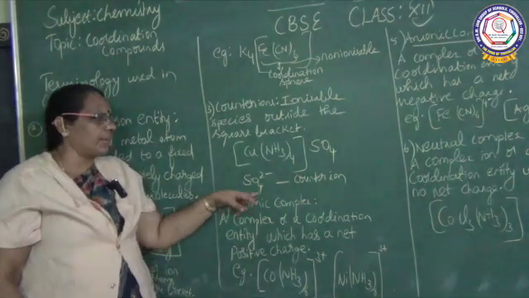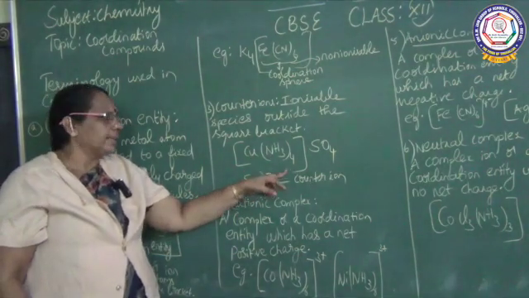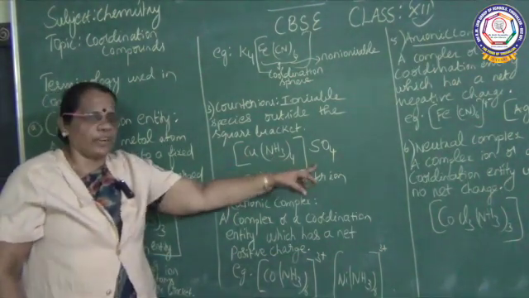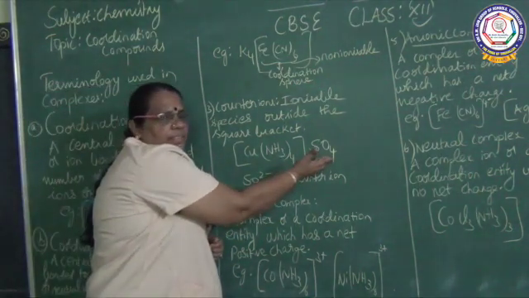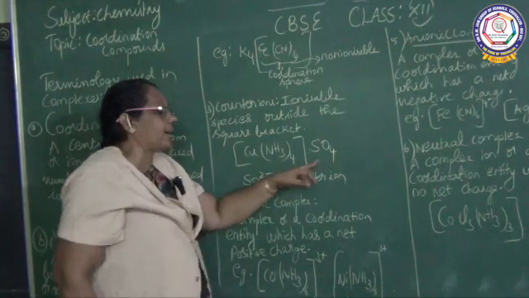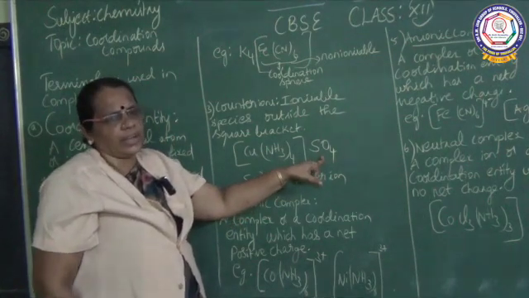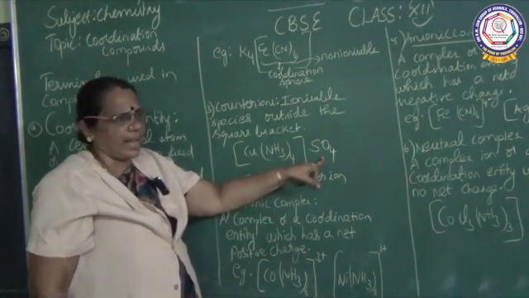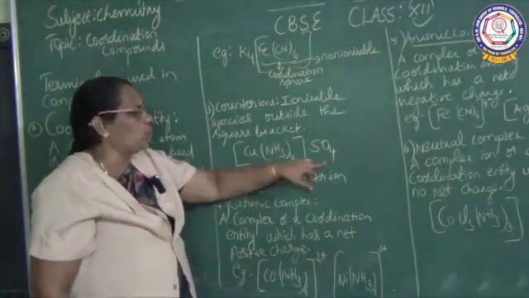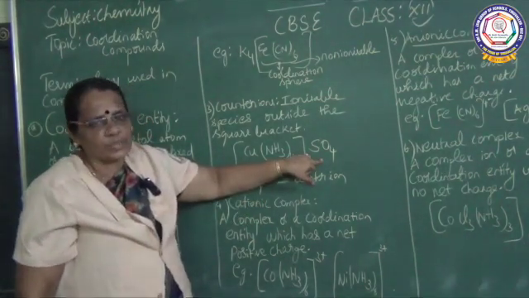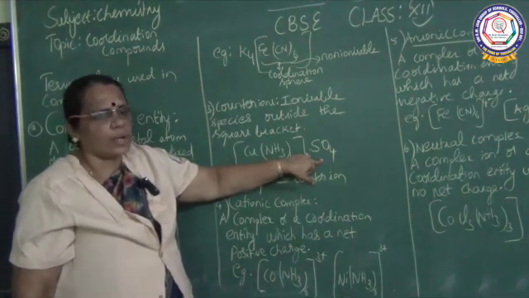There are 4 ammonia molecules. Here we can see the species which is outside the square bracket. Sulfate ion is present outside the square bracket. The charge of the sulfate ion is 2 minus. So SO4 2 minus which is present outside the square bracket, we can call a counter ion.